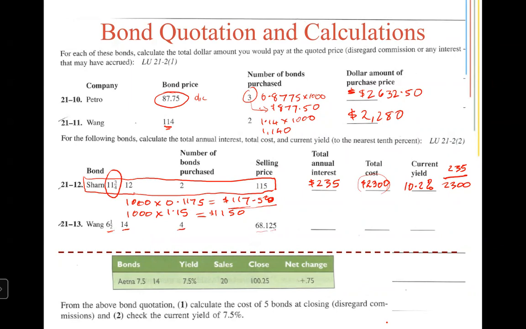So you're going to work out the interest for one first, then for the 4, you're going to put the interest rate for 4 here. But you have to find 1 first. Then you're going to work out the total cost for 1 and then work it out for 4, and then find the yield. I'll give you a few minutes to do that before we move on.